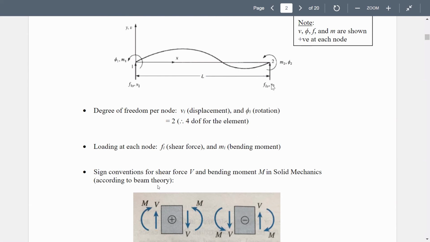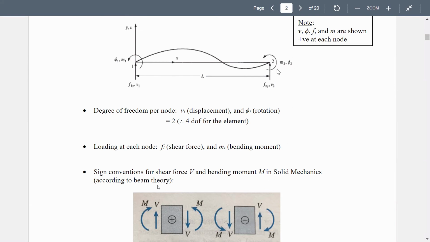Negative. Because if you look at this one, it doesn't match with this one. It matches with this one. This is upward, this is upward. So this is negative, you're right. So this F, which is positive in finite element methods, is negative in solid mechanics.